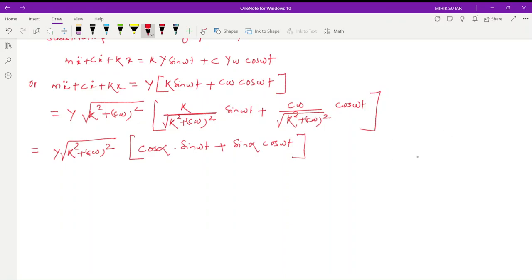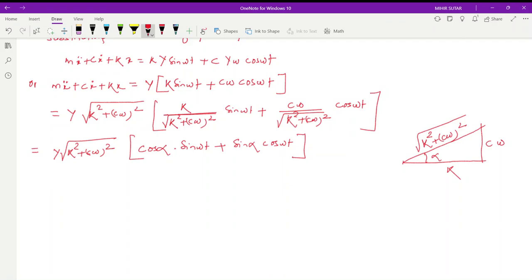If we have the stiffness k along x and the value c omega along y, and let's say this angle is alpha, then the hypotenuse will be root over k squared plus (c omega) squared.